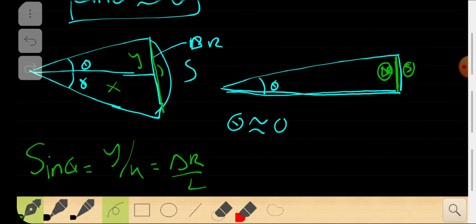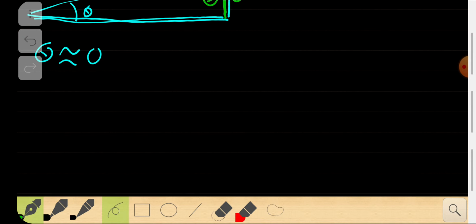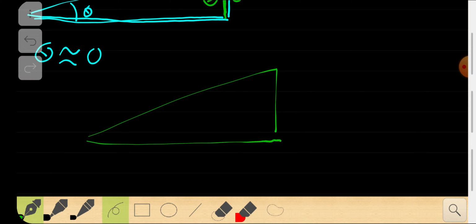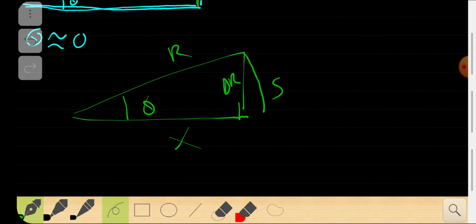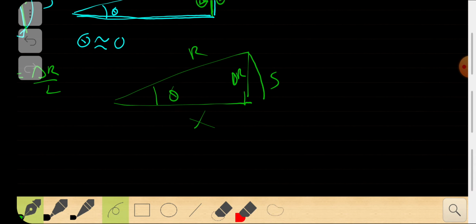If you take the whole triangle, this is the angle theta, this is y, this is the arc length s, this is delta r, this is r, and this is x. So sine theta will be equal to y by x, right?